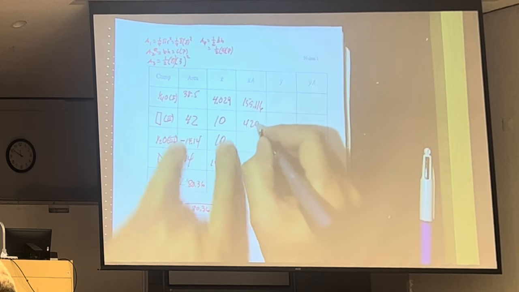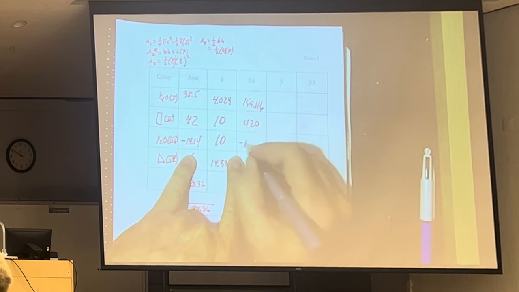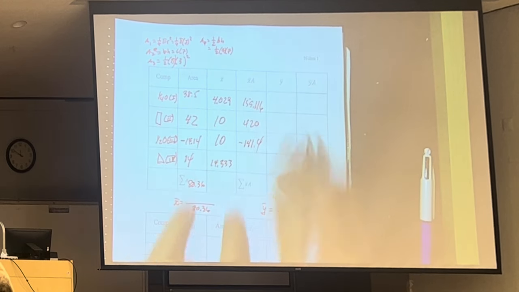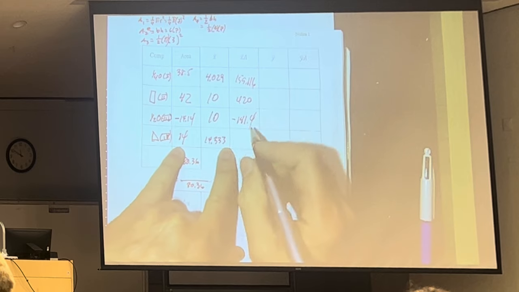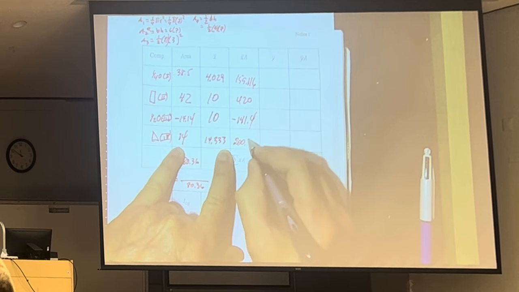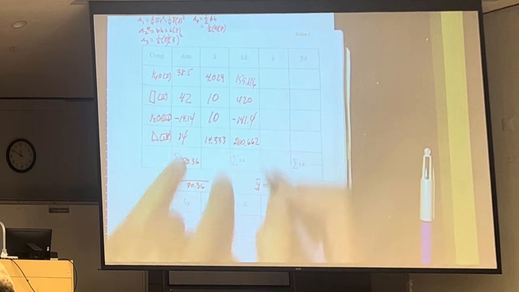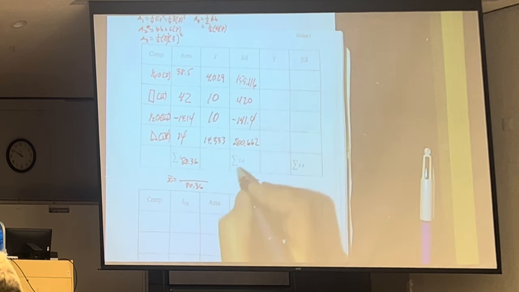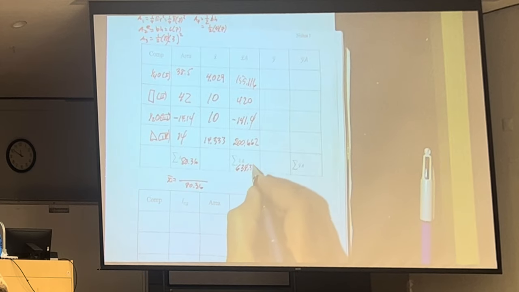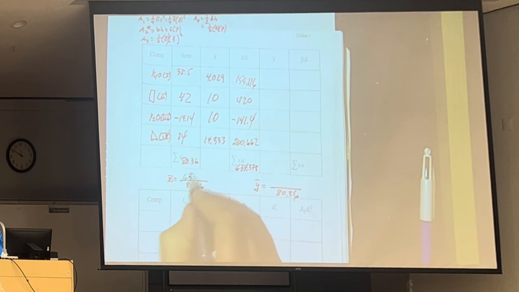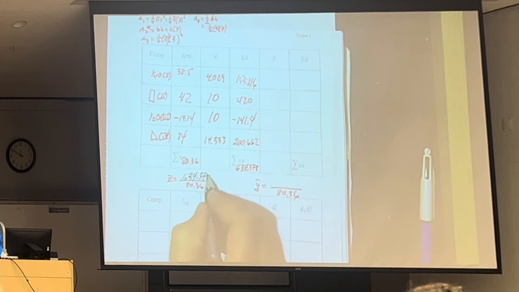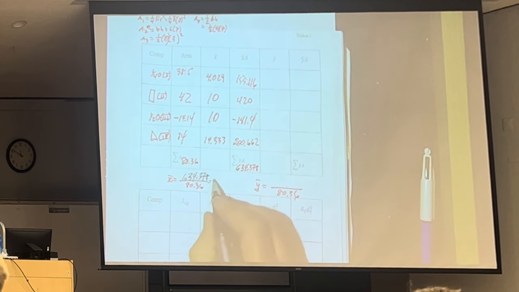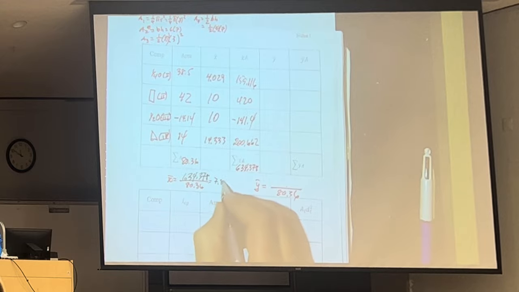That's 420. That's a minus 141.4. And these two numbers multiplied together gives me 200.662. Now I'm going to sum these four numbers together to get this number right here, which is 634.378. So I'm going to put 634.378 divided by the 80.36 to give me 7.89.